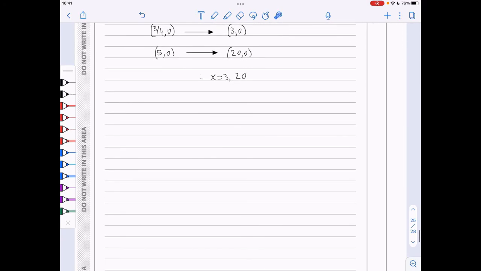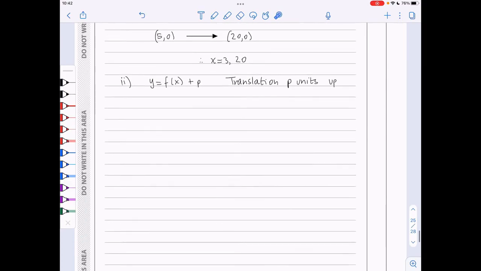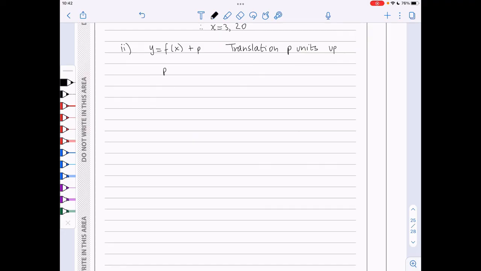So let me write this down. y is f of x plus p, translation p units up. We want the new curve to pass through the origin, so it's obvious that it should go 75 units up, so that the cut on the y-axis, which was at negative 75, is now at 0, and therefore p is 75.